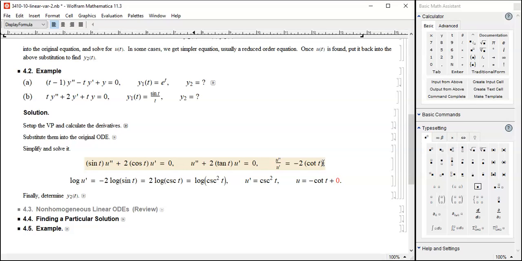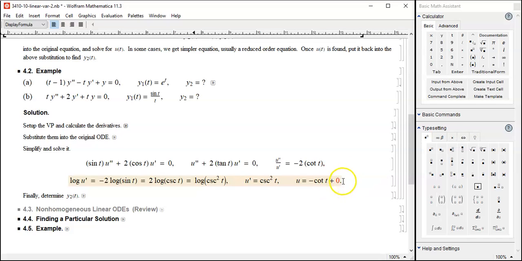Taking the antiderivative of both sides, you get log of u prime equals log of cosecant squared. So u prime is cosecant squared. I'm going to leave the details of the integration to students. Eventually, taking another antiderivative, you get negative cosine of t. We have plus 0 here.